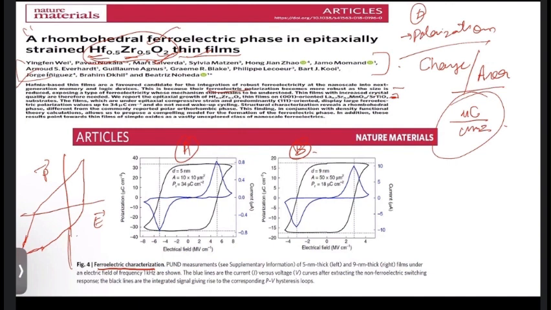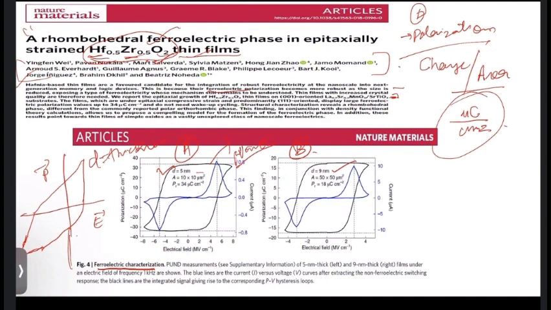So see here, D is the thickness of the thin film. They are saying D is thickness. Here it is 5 nanometer, here it is 9 nanometer. Both are nano, but this one has lesser size.